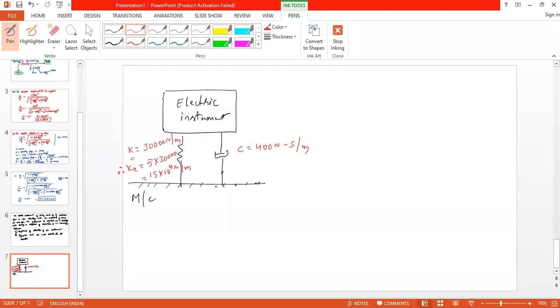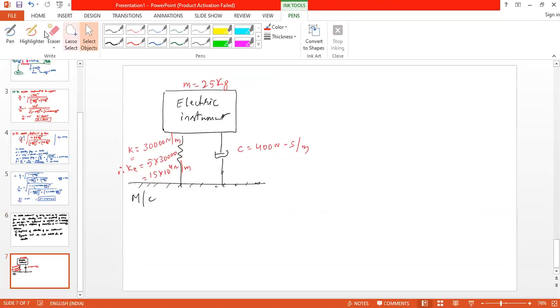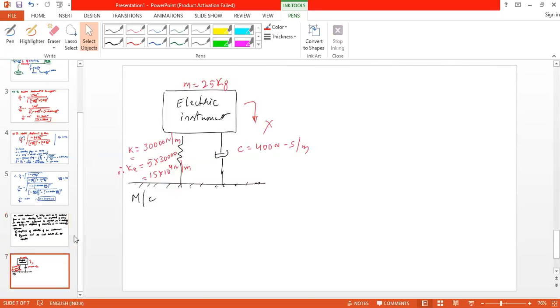So now the question is, the mass of this instrument is 25 kg, and it is mounted on a machine with the help of the isolator. Isolator is nothing but a combination of spring and damper. The damping coefficient and the spring constants are given. Here, you are required to find out the amplitude of vibration of the instrument, that is, the displacement of this electric instrument, that is X, when the machine vibrates with an amplitude of 0.1 mm at 1000 RPM.